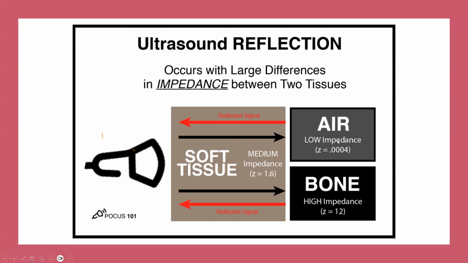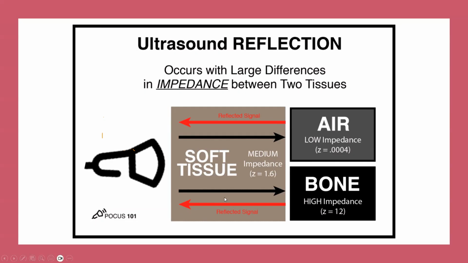And this is a concept that people get very confused with. But actually, if you have soft tissue over air, you're going to get a lot of reflection, even though the impedance is low, because there's a difference between the impedance of soft tissue and air. A classical example is a pneumothorax. If you have air between the pleural layers, you have soft tissue with the visceral pleura underneath and parietal pleura on the top.